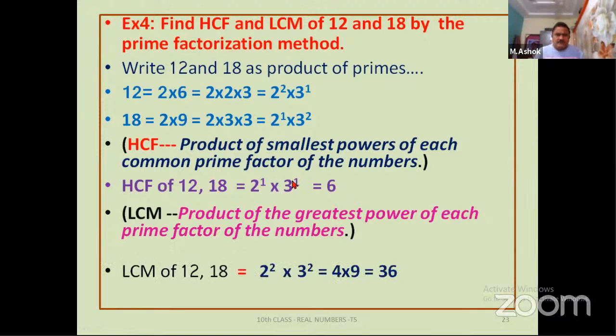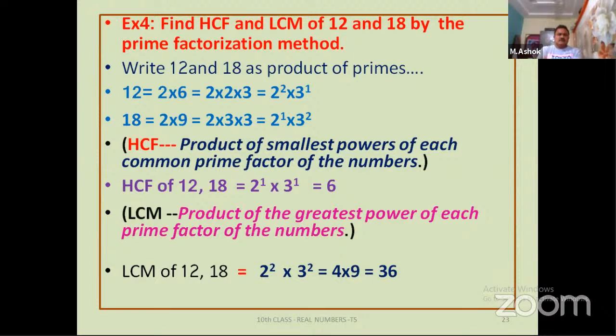Now let us see. 2 power 2 is there, 2 power 1 is there. Which one is greater? Yes, 2 power 2. In 3 power 1 and 3 power 2, which one is greater? 3 power 2. So 2 square equal to 4, 3 square is equal to 9. 36 is the LCM of these two numbers.